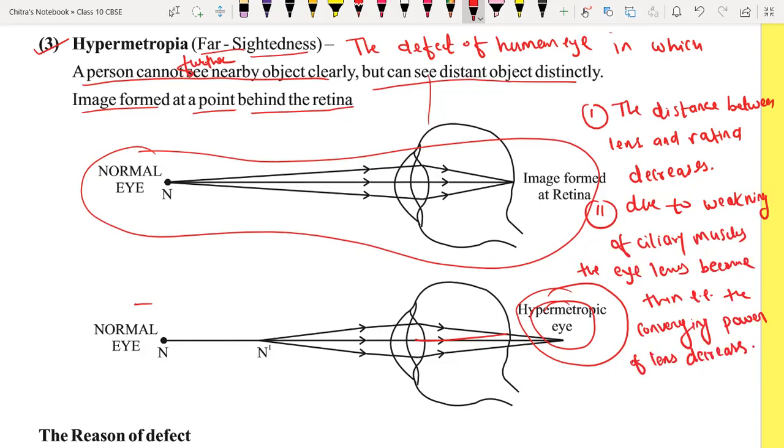Okay everyone? Yes, sir. So what is the remedy for that? Suppose we are using a convex lens here like this.